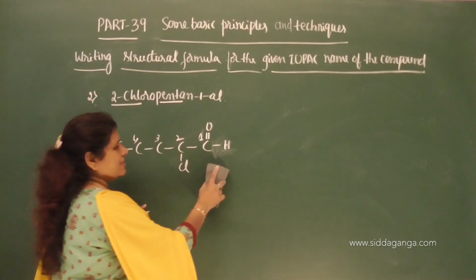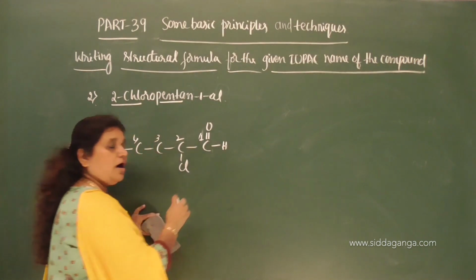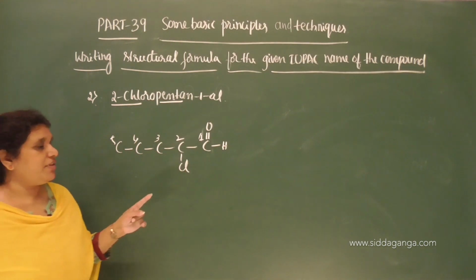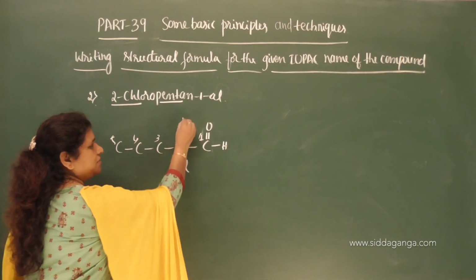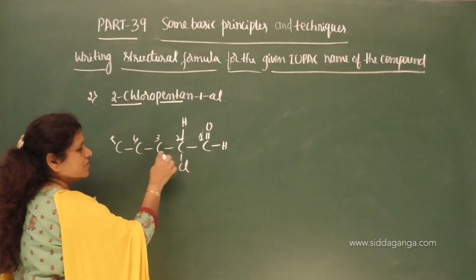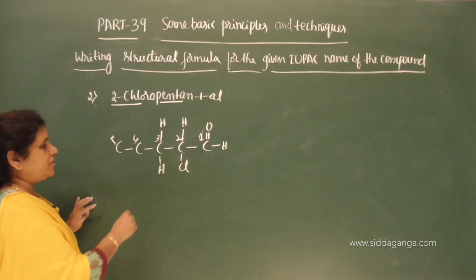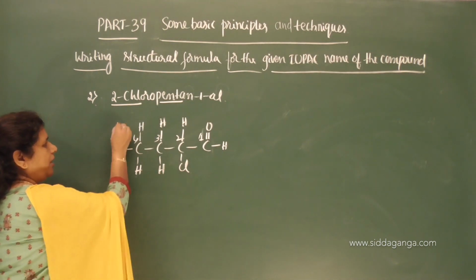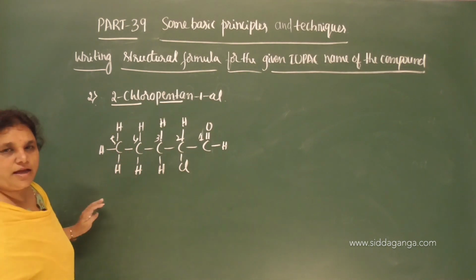Right? So, as this is the structural formula of the aldehyde functional group, the carbon atom of the aldehyde functional group already satisfies tetravalency. Now fill this carbon with hydrogen atoms, as it is forming only 2 bonds, so it is left with 2 hydrogen atoms, and here it is forming only 1 bond, so it is left with 3 hydrogen atoms.